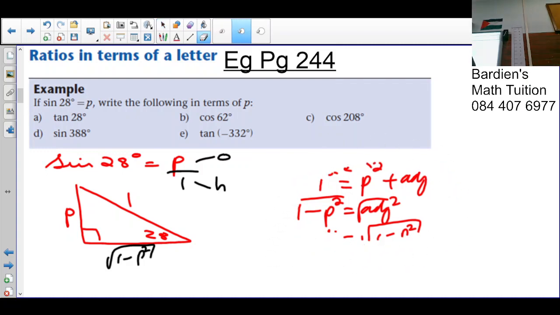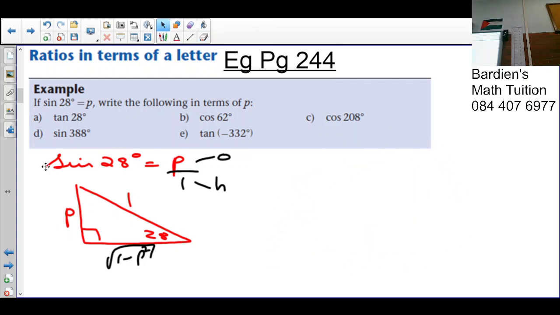What else can be calculated here at this point? The third angle. Work out what the third angle would be. 62 degrees. How do we get that? Angles in a triangle. So let's look at A. What's the question in A?